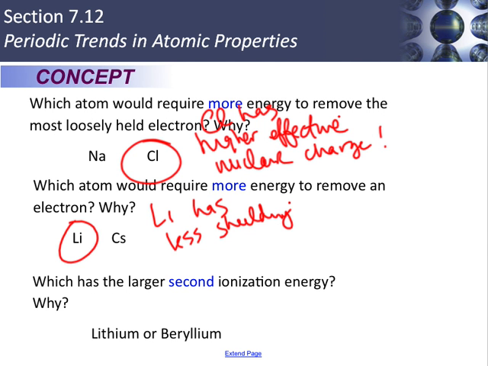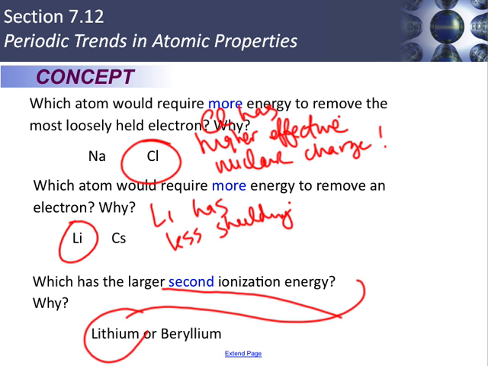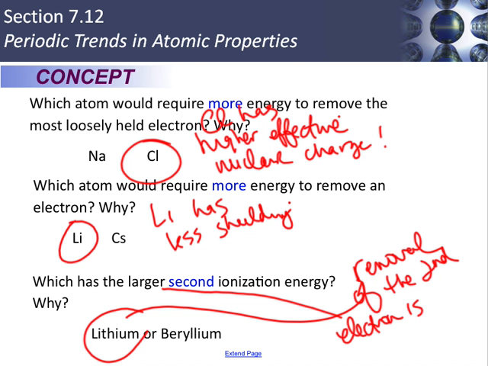And the last one, which has the larger second ionization energy? Lithium. Why? Almost, close, Alex. Removal of the second electron is removing a core electron in lithium.